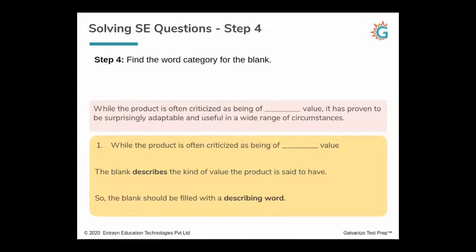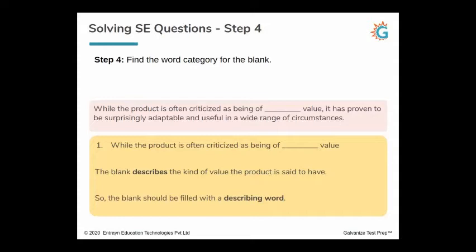Now remember up to step 4. First step, hide the blanks, hide the options. Second step, split the question stem into however many parts there are. There will be at least 2 parts, and the non-blank parts will contain the clue. You may have just one non-blank part, or more than one.